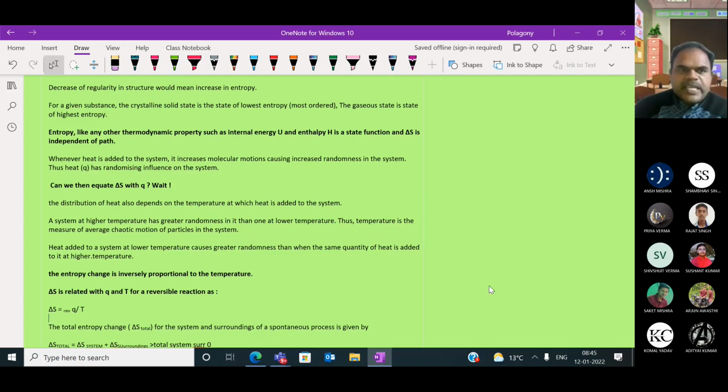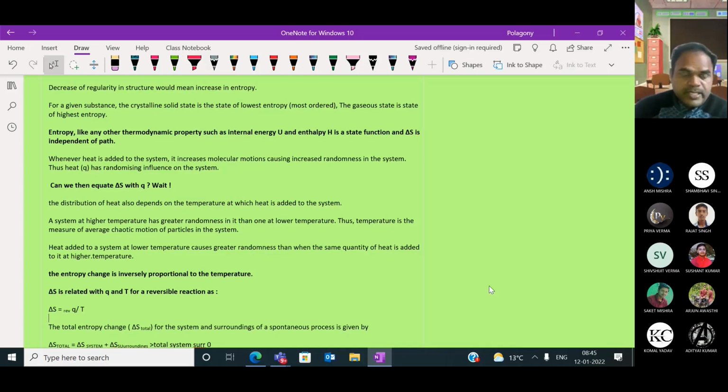That means whenever heat is added to the system, it increases the molecular motion and increases the randomness in the system. The randomizing influence on the system will take place because of the heat energy.